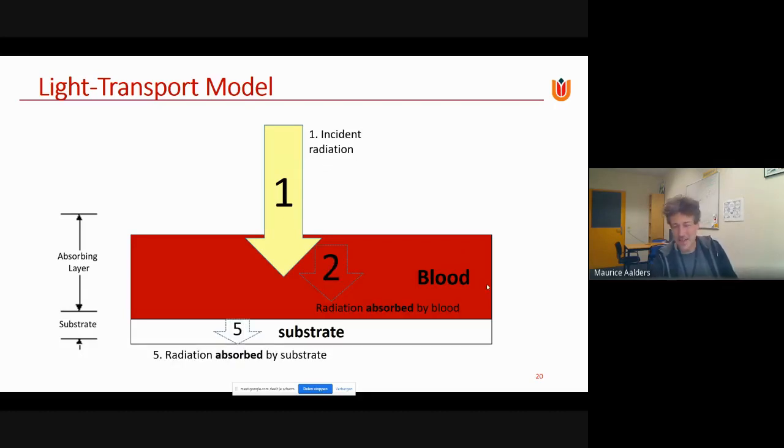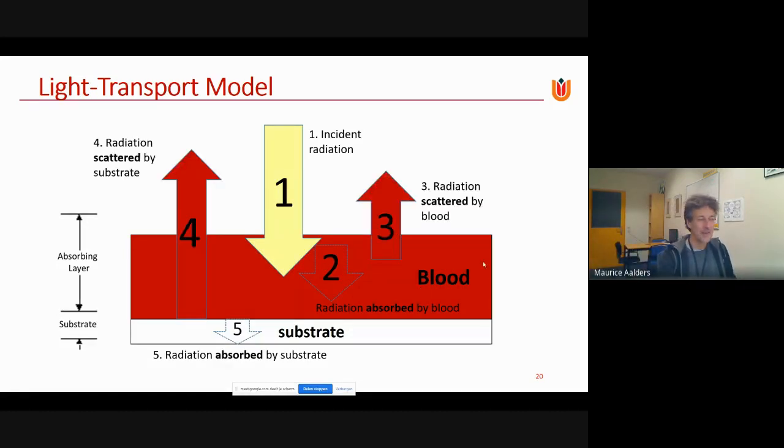There's, of course, the radiation absorbed by blood. There's a loss term. There's stuff going into the substrate. There's another loss term, and you can describe that using the optical properties of these different layers. And there's radiation scattered and remitted by the blood, and radiation scattered by the substrate.